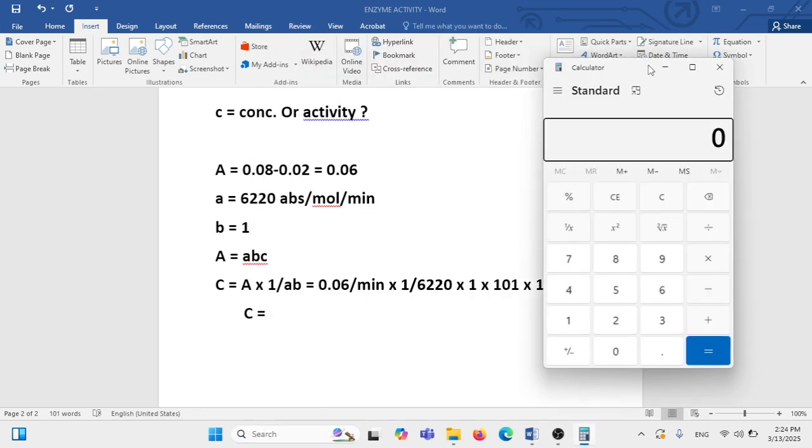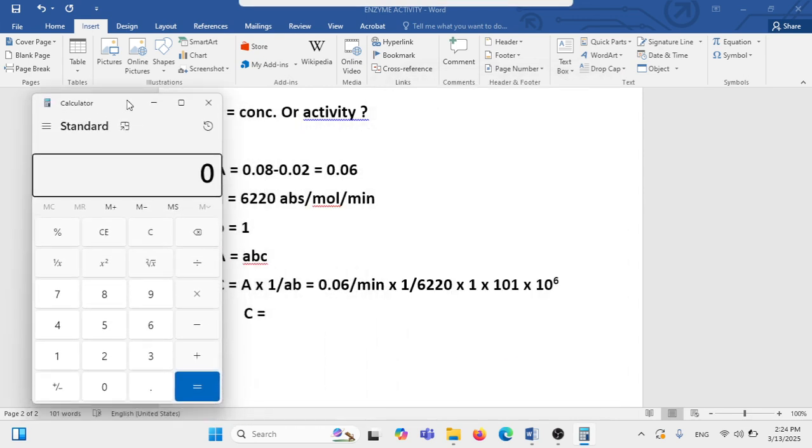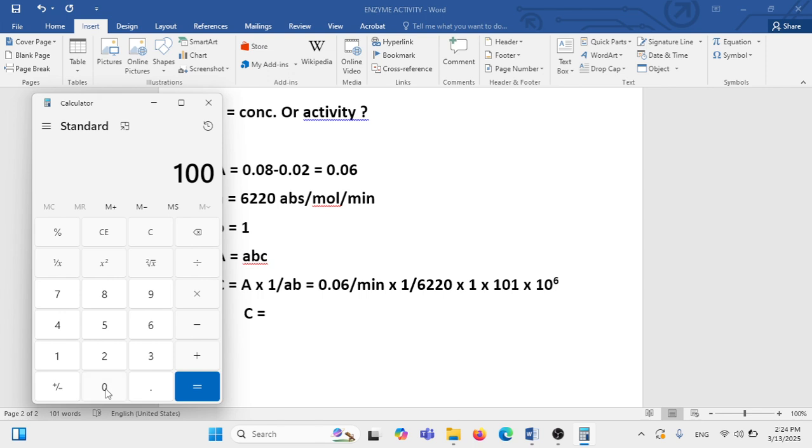Let's put all these values in the calculator and see what we get. 10 to the power 6 multiplied by 101, multiplied by 0.06, and finally divided by 6220.